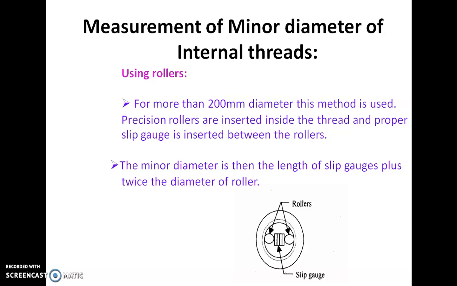Precision rollers are inserted inside the thread, and a proper slip gauge is inserted between the rollers. The minor diameter of the internal thread is equal to 2d plus the length of the slip gauges.